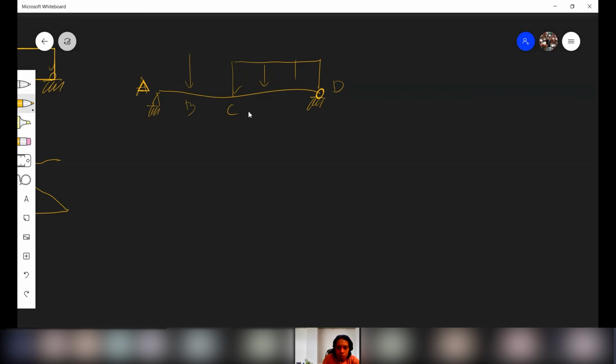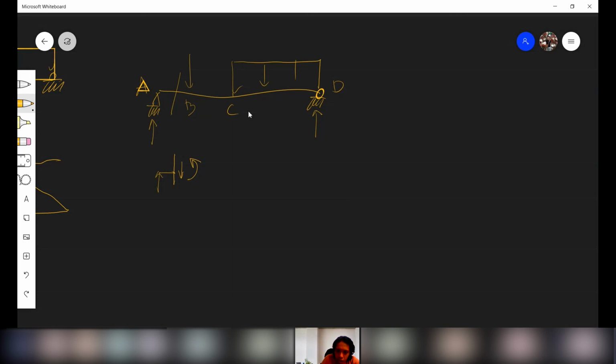In order to solve for the maximum moment, of course, you have to solve first for the reactions. Then you cut the beam and isolate. This is the cutting plane, the shear, and the moment.